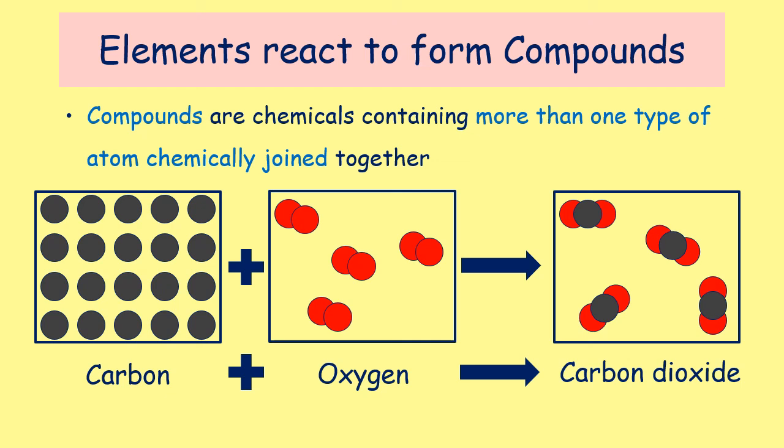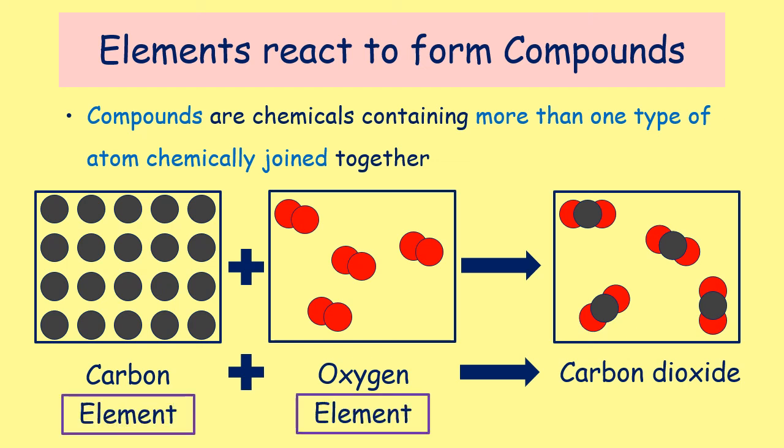So because we've got two types of atom, two is more than one, so that makes it a compound. And you can see also how we've represented that happening. We've put a plus sign between the two elements and then an arrow, and an arrow shows that a chemical reaction has happened, and then we have got our product, carbon dioxide. So those are elements and carbon dioxide is a compound.